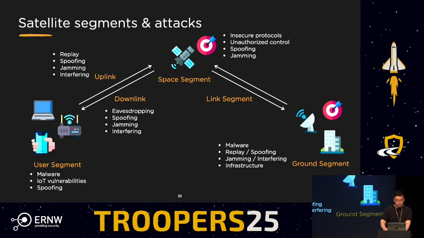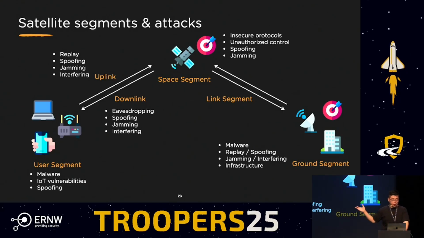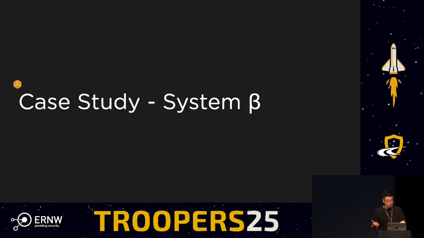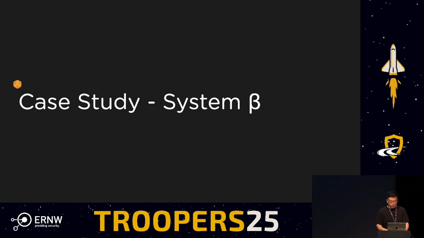And then after the first case in the space segment about insecure protocols, I would like to introduce the second one, a case about a system, which is a real ground station system.